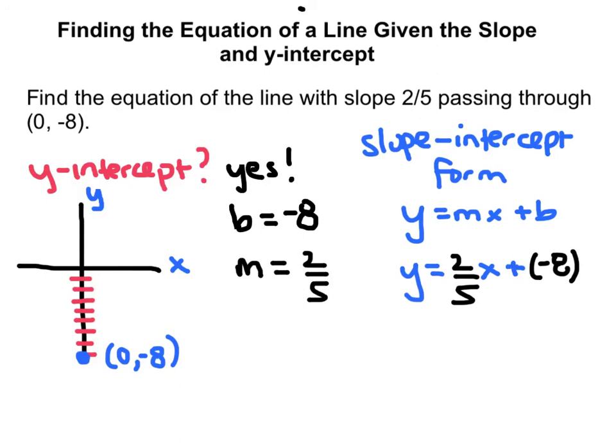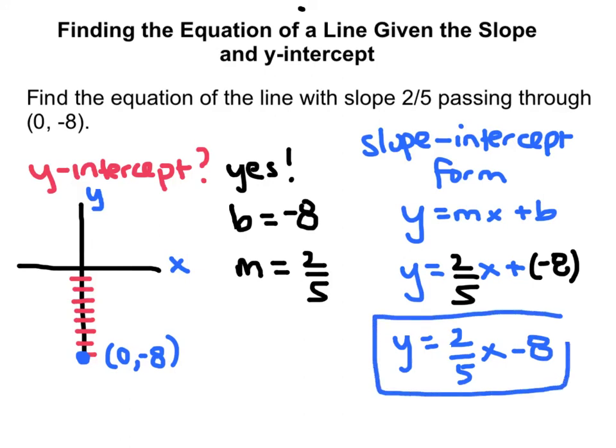And really what that just means, if you actually have plus a negative, it's a little nicer for us to simplify it to actually mean a -8. So I'll rewrite that one more time. Our final answer will be y equals 2/5 x minus 8. And that's the equation of the line with slope 2/5 passing through the point 0, comma, -8.